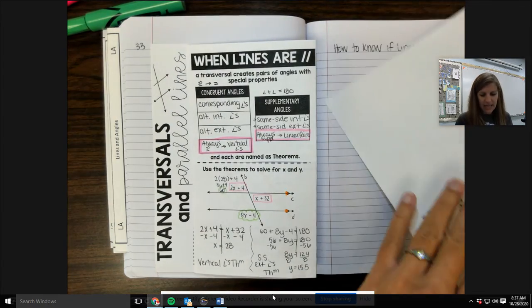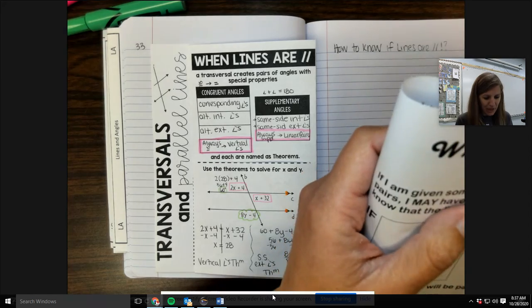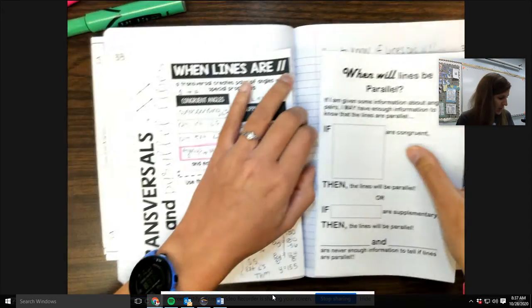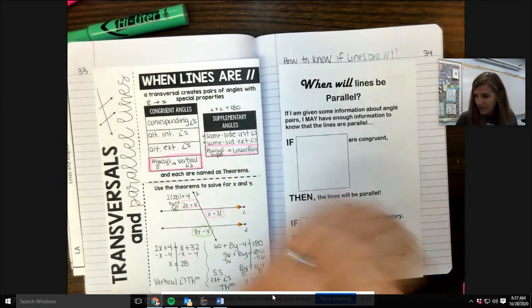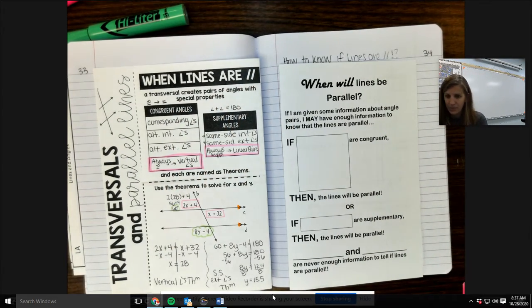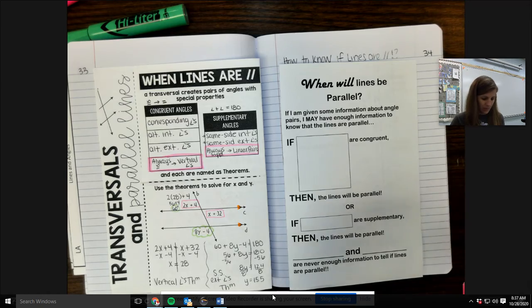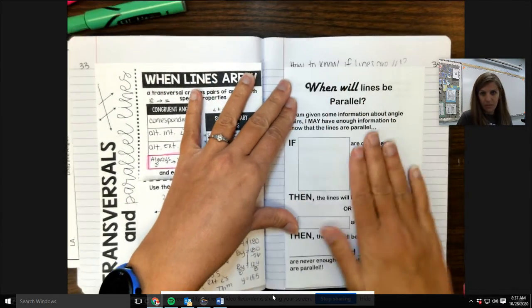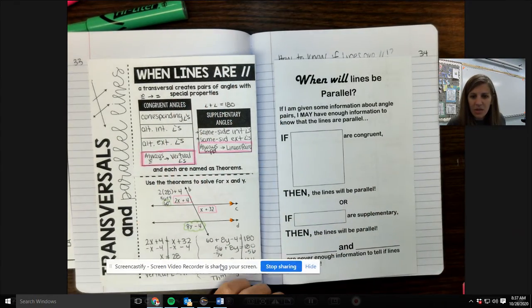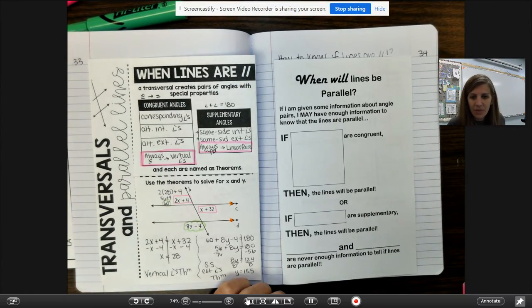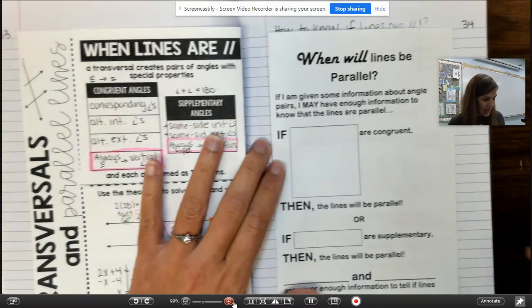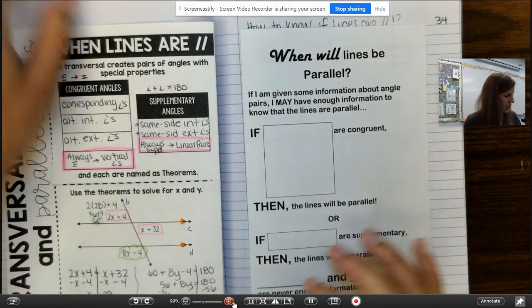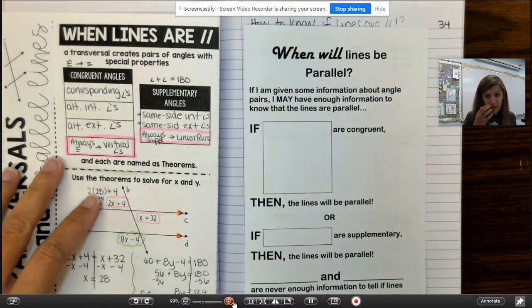So we go here, we're going to take this one, just fold it in half like a book, and we're going to take this on 34. Okay, let me zoom in a little bit. Move that up there. Do a little zoom. Okay. So when will lines be parallel? When do we have enough information to know for sure that the lines are in fact parallel?